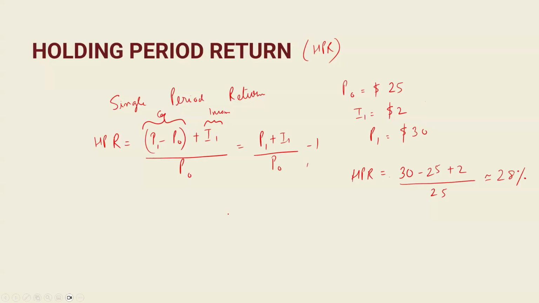Now, what if I want to convert a series of single period returns into a multi-period return? When we talk about multi-period return, we are just compounding the returns over multiple periods.